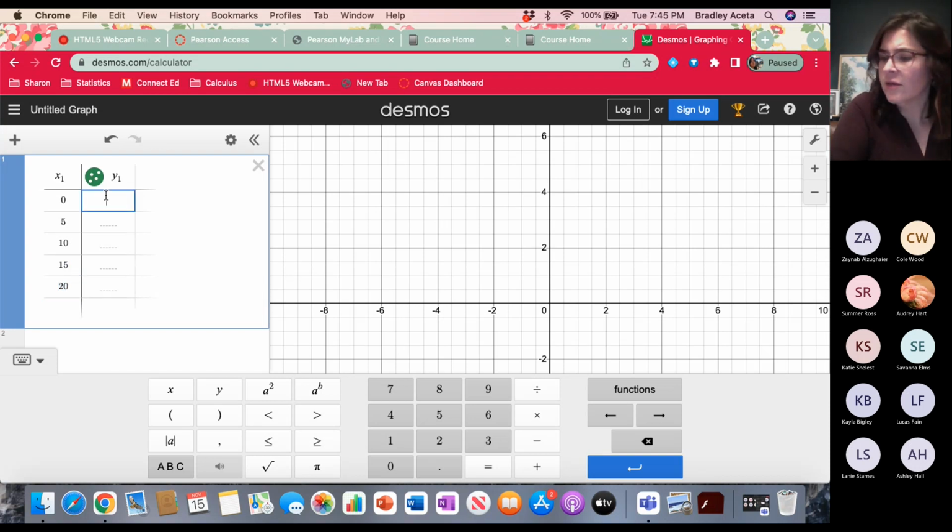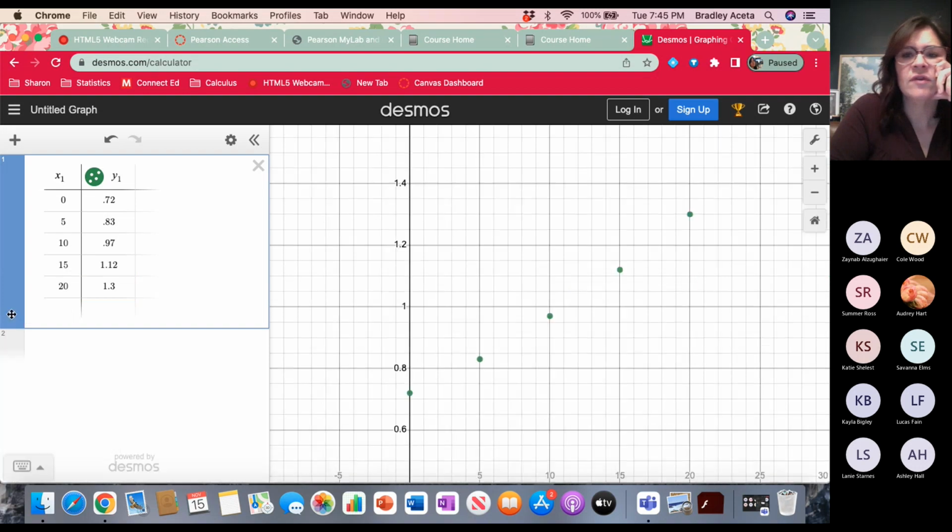And then here, I'm going to put what they've given me: 0.72, 0.83, 0.97, 1.12, and 1.3. And I like to hit this little zoom fit right there.